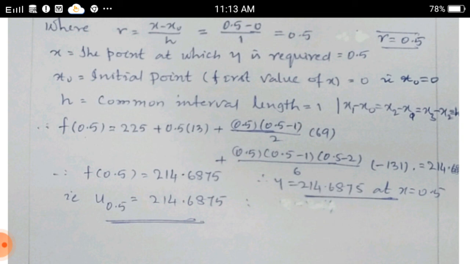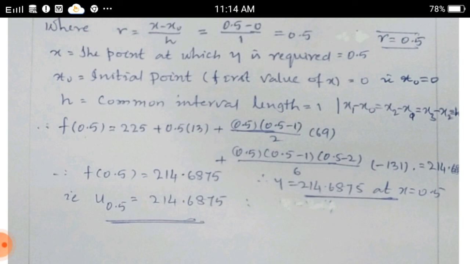So we get, at x is equal to 0.5, f of 0.5 or y of 0.5 is equal to y0 225 plus r is equal to 0.5 into delta y0 is equal to 13 plus 0.5 into 0.5 minus 1 divided by 2 into delta square y0 is equal to 69 plus 0.5 into 0.5 minus 1 into 0.5 minus 2 divided by 6 into delta cube y0 is minus 131.